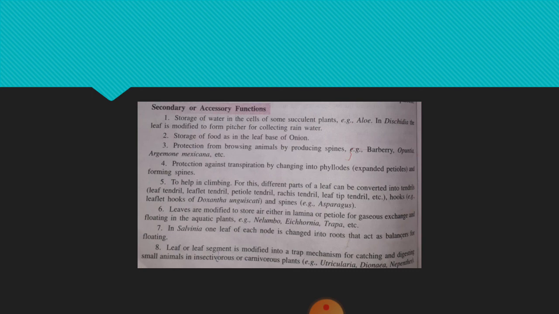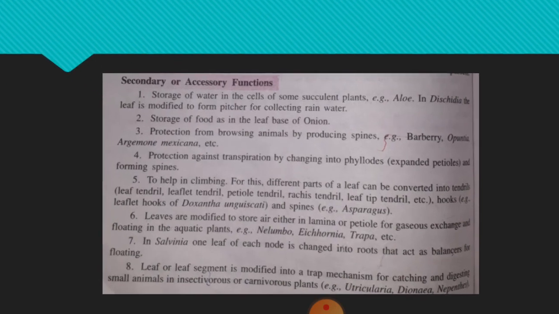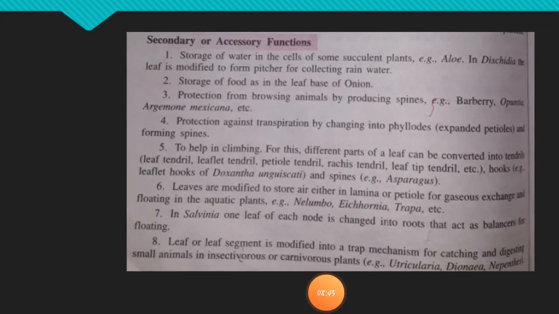In Salvinia, one leaf of each node is changed into root, which can act as a balance during floating. As bud scales and stipules, they also provide protection to the bud. So leaves have very important and main functions. Today it is sufficient.